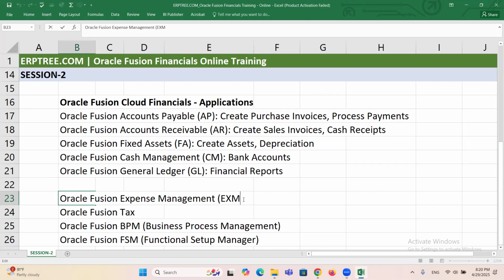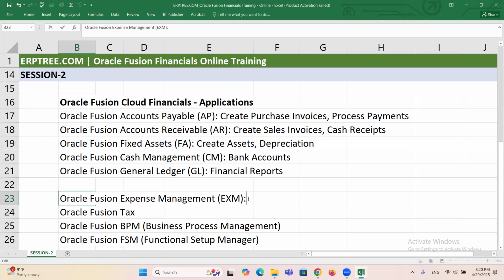By using this application, what we do is, if employees are spending any expenses which they can reimburse, say an employee traveled to a client location, or an employee spent some money for stationery. As per company policy, if any employee is spending money for stationery every month, they are allowed to spend maybe 1,000 rupees.